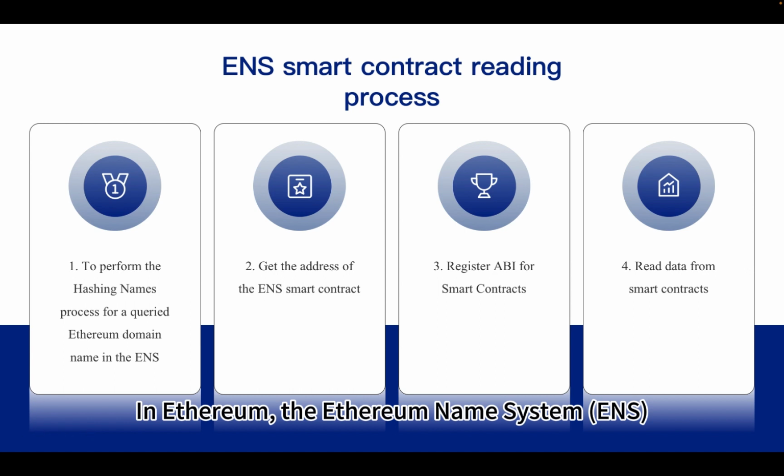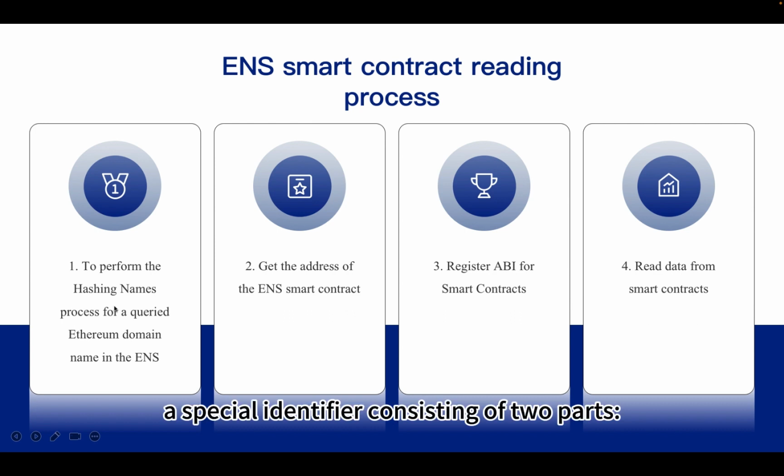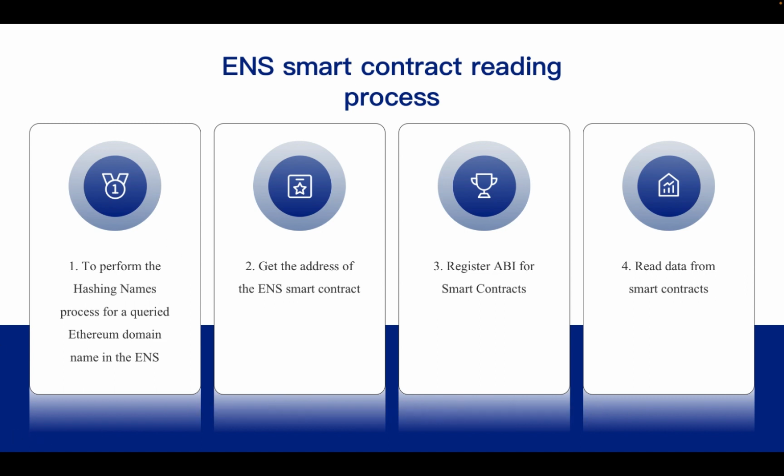In Ethereum, the Ethereum name system uses a concept called hashed names to identify any given domain name. This hashed name is a special identifier consisting of two parts. The first part is a string representing the top-level domain, such as .eth.